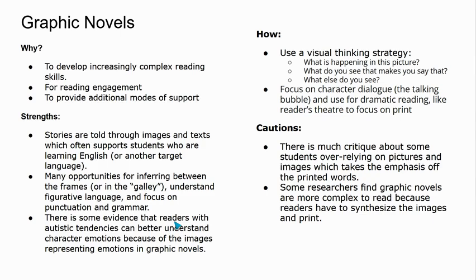What's happening in this picture? Why do you say that? What else? Talking about that dialogue bubble. And this is a great leap and scaffold into teaching kids quotation marks in dialogue and speech bubbles in dialogue. And that dialogue is what the characters are saying. And how are they saying that? This is a great reader's theater opportunity as well.